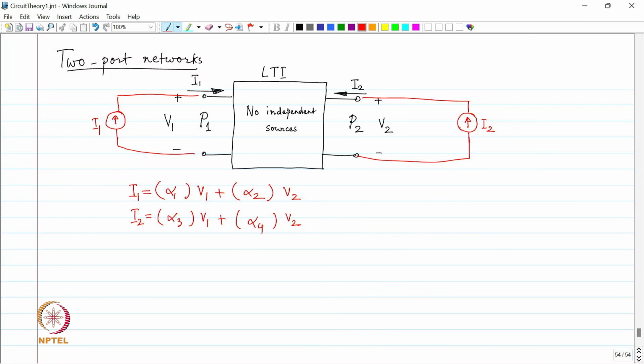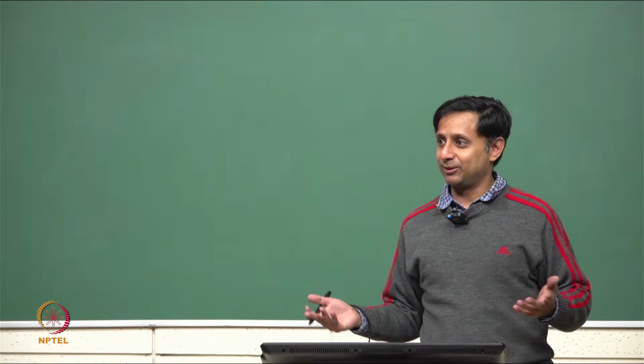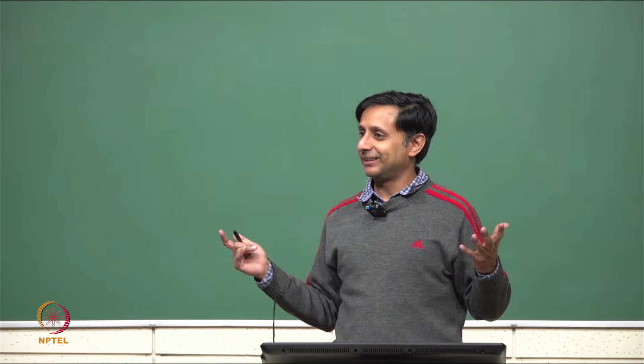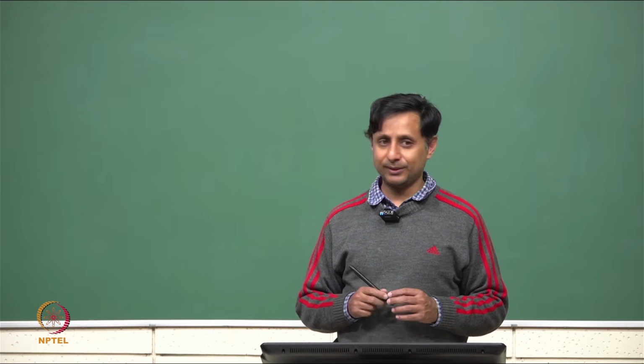I could apply 2 current sources at the 2 ports, or 2 voltage sources at the 2 ports. And then what else could I do? One current, one voltage, and one voltage, one current, all these possibilities exist. So, there are many ways to play with this 2 port network.